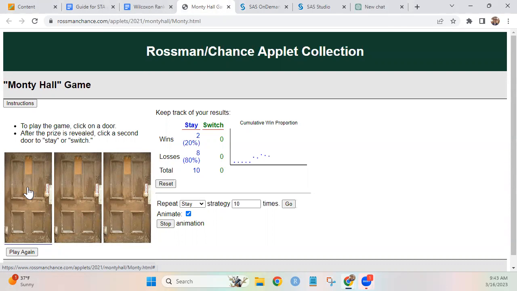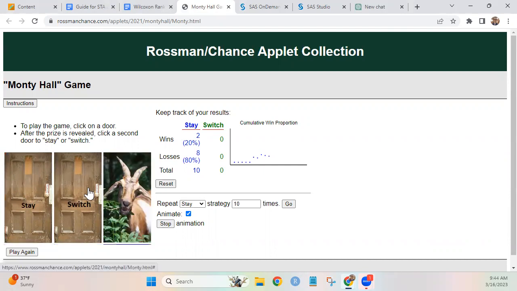And the thing is, the host always shows a goat because there's at least one goat to show. They always show a goat no matter what you picked at the start. So that doesn't change the fact that your initial selection had a 1/3 chance of winning, because it doesn't depend on your selection. So this one still has a 1/3 chance of winning. And now that must mean, because this is the only other option, the other one has a 2/3 chance of winning. So that's why it's 1/3 and 2/3, not 50-50.